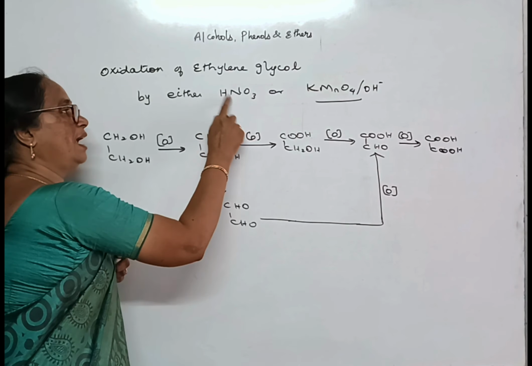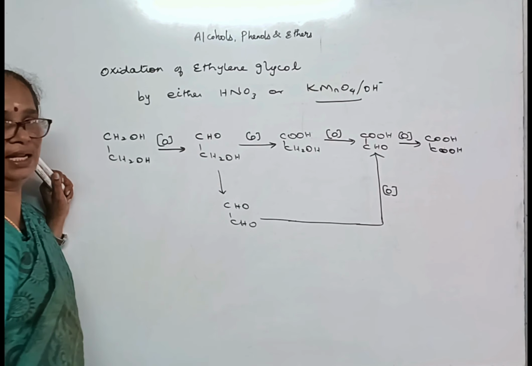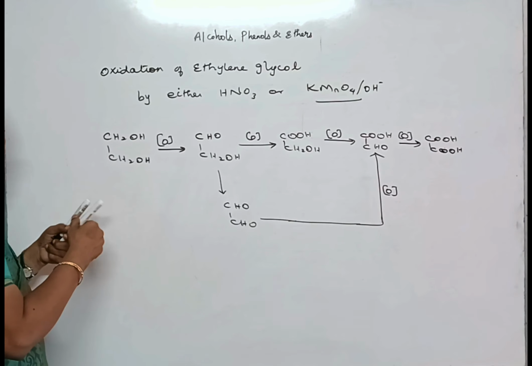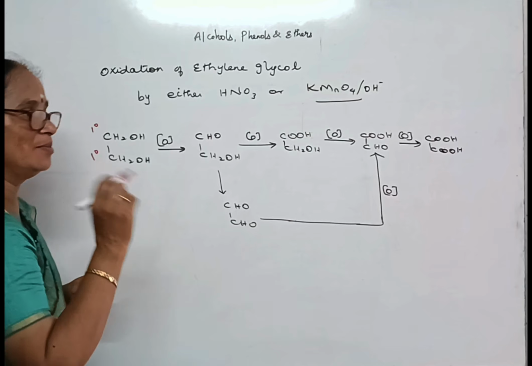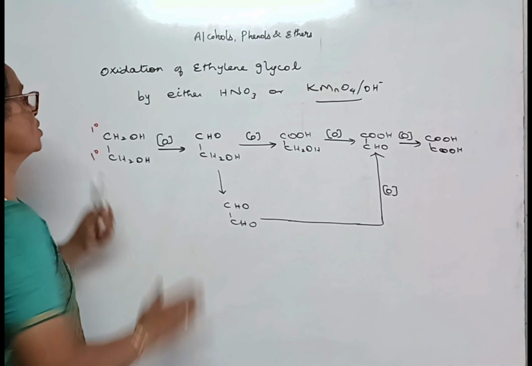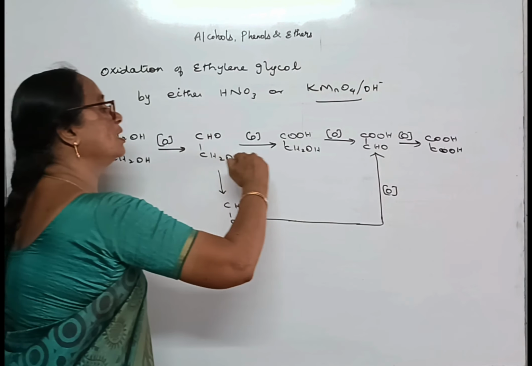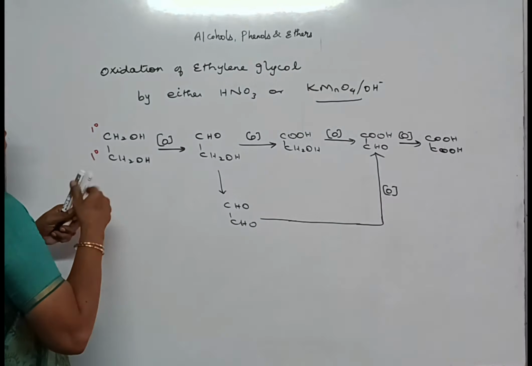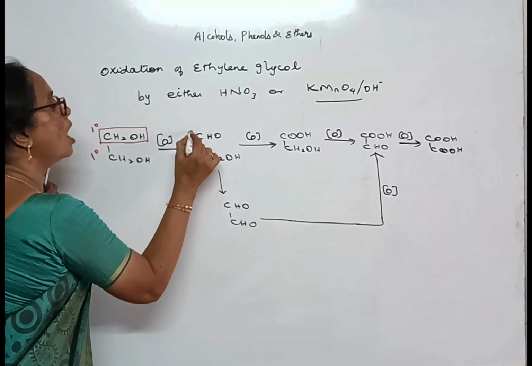But when you take nitric acid, it may undergo stepwise oxidation of glycol. This glycol has two primary alcoholic groups. We know primary alcohol oxidizes to aldehyde and then to acid. So let us see, first of all, this primary alcohol is oxidized to aldehyde.